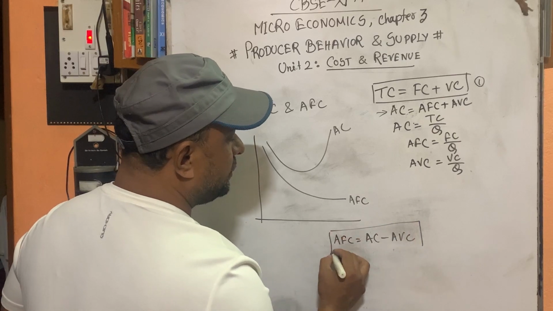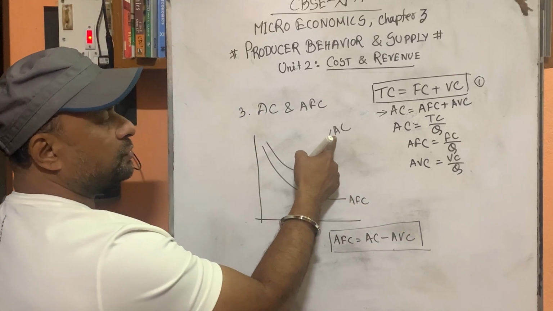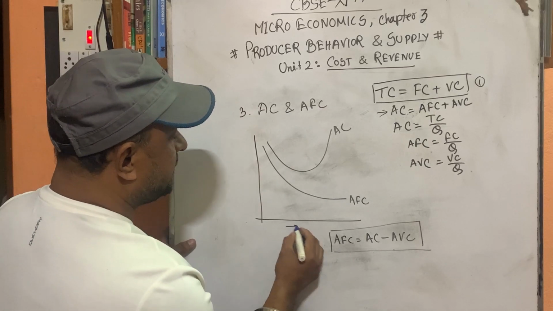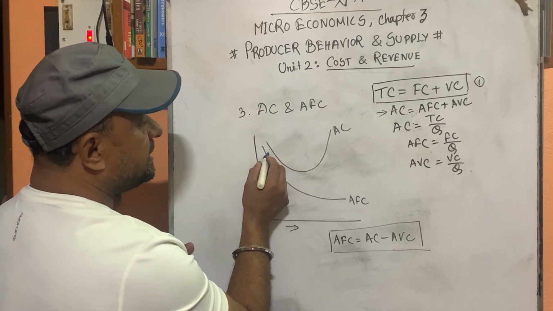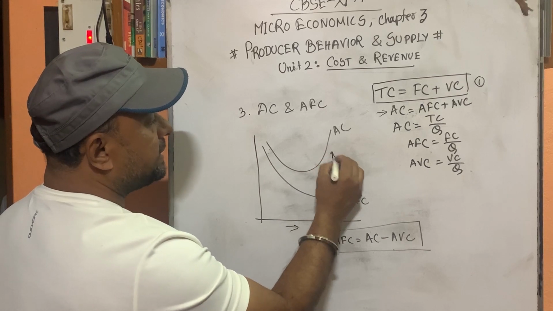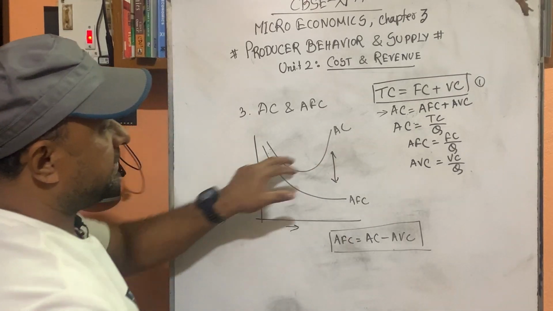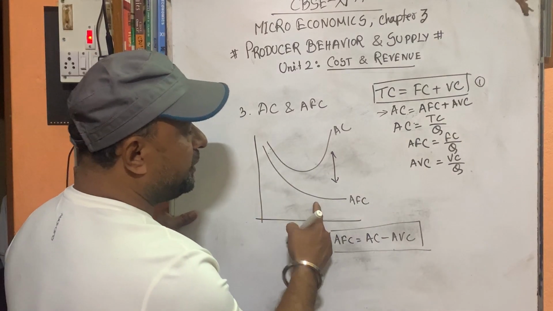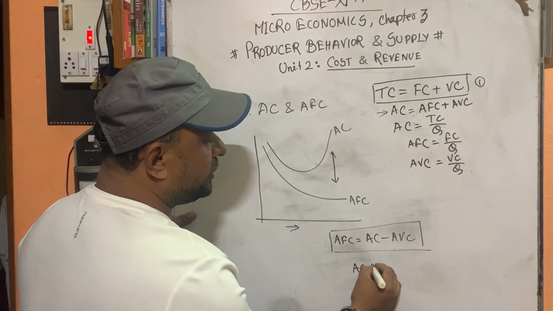So average fixed cost is nothing but a part of average cost. Second, when production increases continuously, in the beginning the gap is less, but when production increases, the gap between AC and AFC increases. Why? Because after a certain period of production, average cost rises.